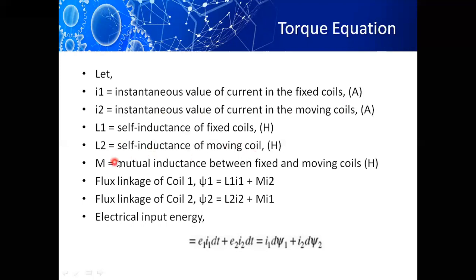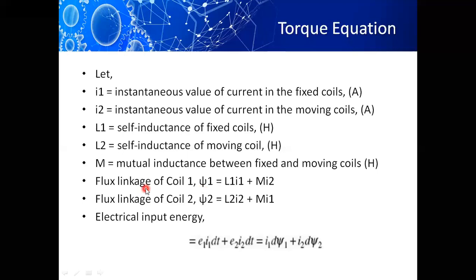Because the coils are very near, let M be the mutual inductance between the fixed and moving coils. We have the fixed and moving coil very near with a small air gap. Hence, there is every possibility of having a mutual inductance. Let it be capital M.